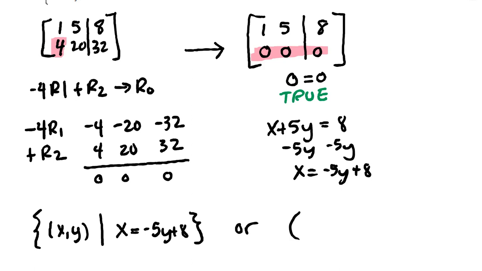Or you could write your solutions as ordered pairs, and the x-coordinate of the ordered pairs is always negative 5y plus 8, and the y-coordinate is y.